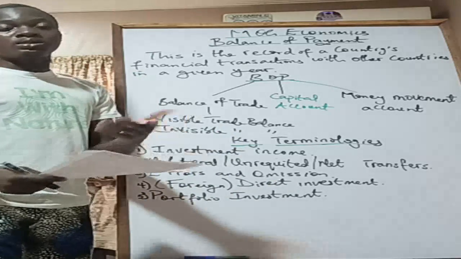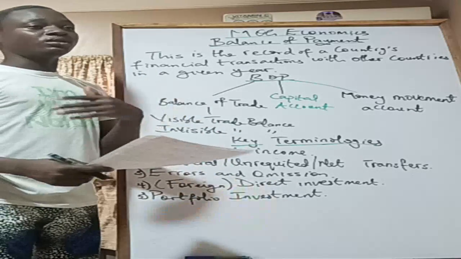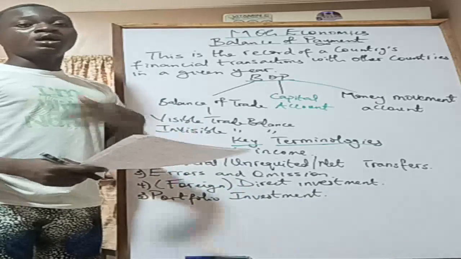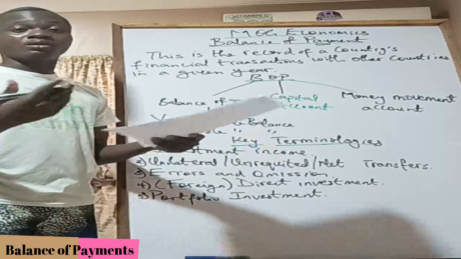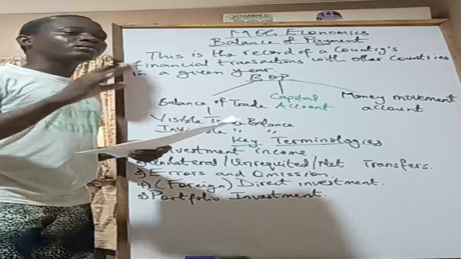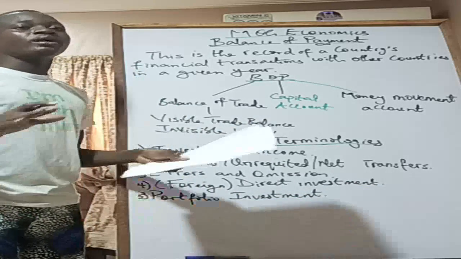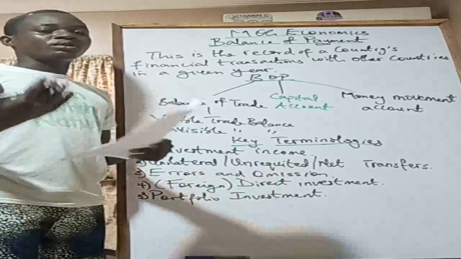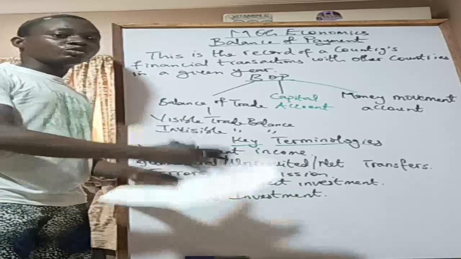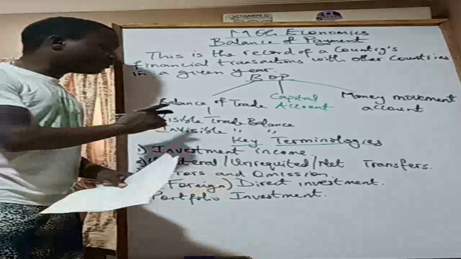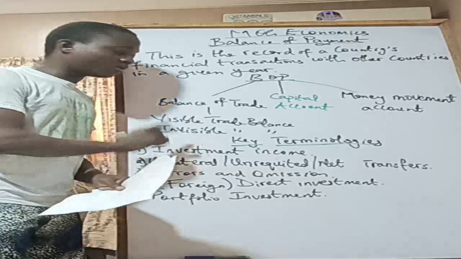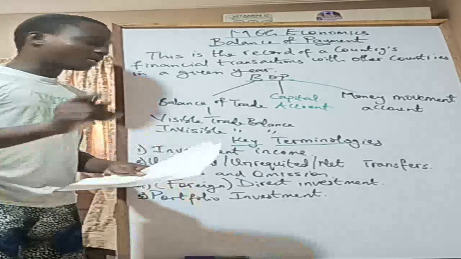You also have consulting services, legal services, marketing services, accounting services, shipping services, insurance, and all of those things. Anything that is about service, whether you import it or export it, goes into your invisible trade balance. So if you're asked to calculate your current account, that's your visible trade balance plus your invisible trade balance.